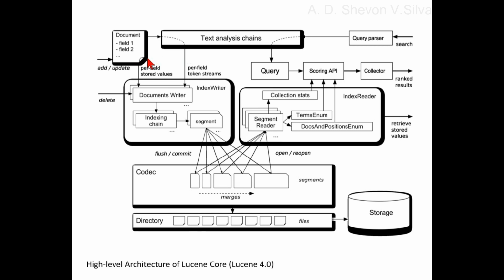Token streams are then inverted and added to the in-memory segments, which are periodically flushed and merged. Depending on the field options, various token attributes such as position, starting or ending offsets, and per-position payloads are also stored with the inverted data.